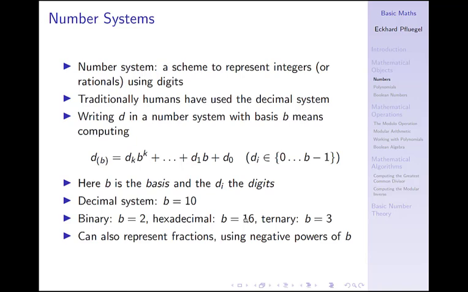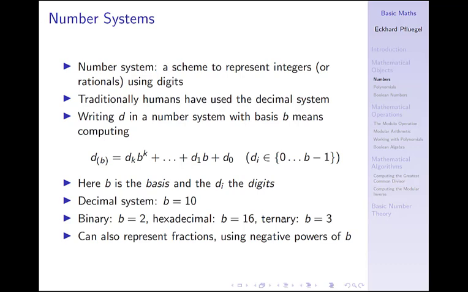And sometimes people also use the ternary number system, b equals 3, although that's a little bit less mainstream, but certainly it still deserves mentioning. And finally, you can also represent fractions. I did say this earlier already, by using a negative exponent in your powers of the basis.